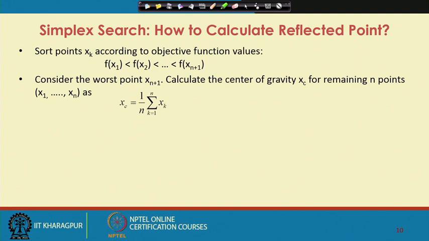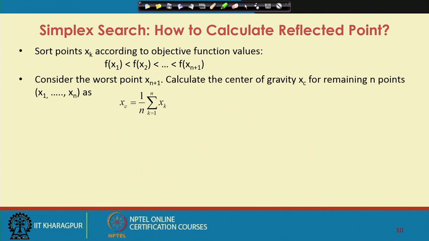Now, once the initial simplex is generated, you will evaluate the objective functions and then you will replace the worst point. We call that reflection. So, how to calculate the reflected point? So, what you do first is, for n-dimensional simplex you have n plus 1 points. So, evaluate the objective function value at all of these n plus 1 vertices and sort them.